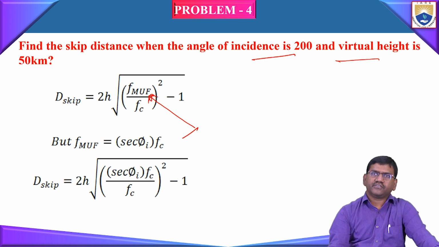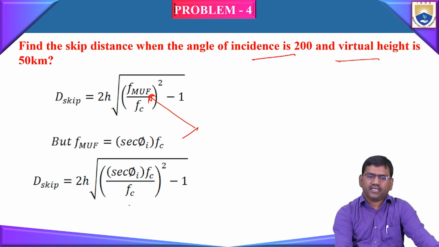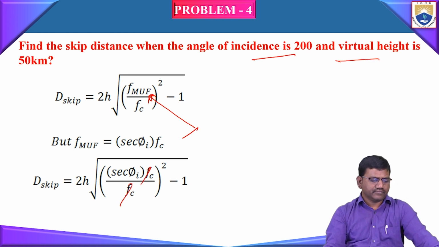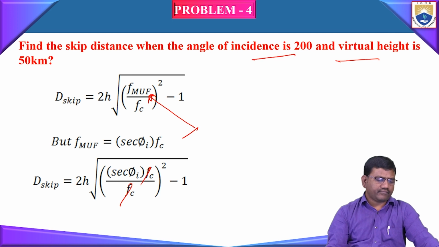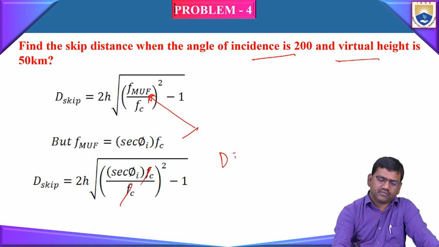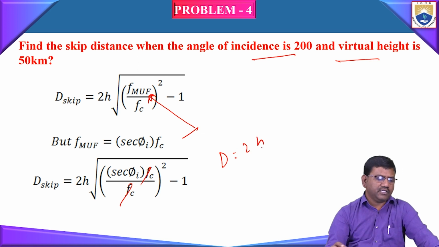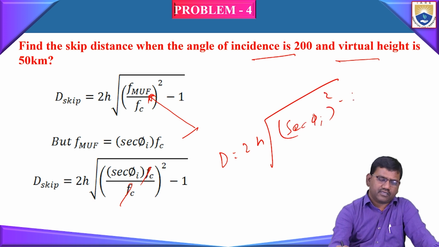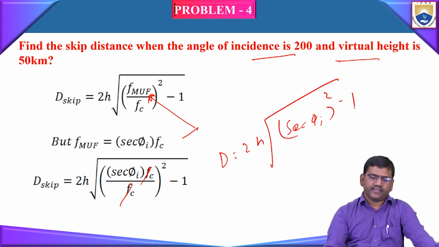If you substitute, you will get secant phi i fc by fc, whole square. Here fc gets cancelled. So if you simplify this, d skip is equal to 2h into the root of secant phi i whole square minus 1.